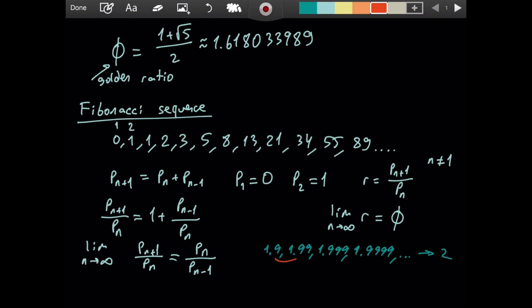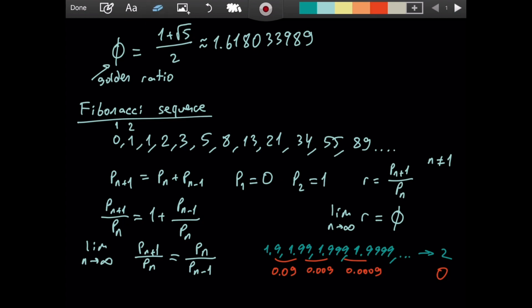The difference is in fact 0.09. Then it is 0.009. Then it is 0.0009. So the difference is becoming smaller and smaller. And eventually, since the sequence is converging to 2, the difference will become 0. So the two consecutive terms will essentially be the same.